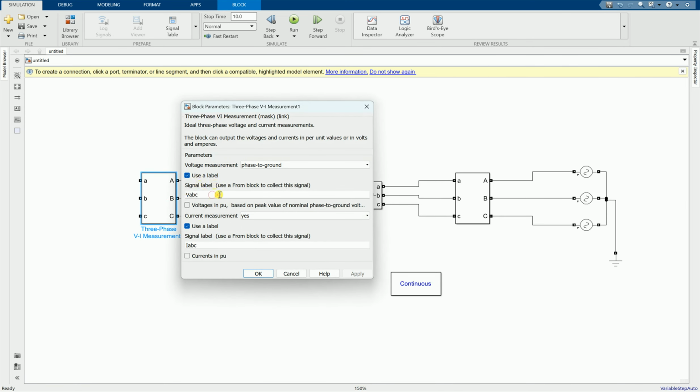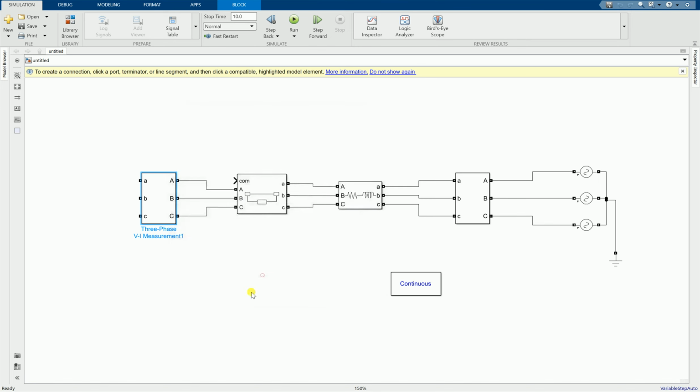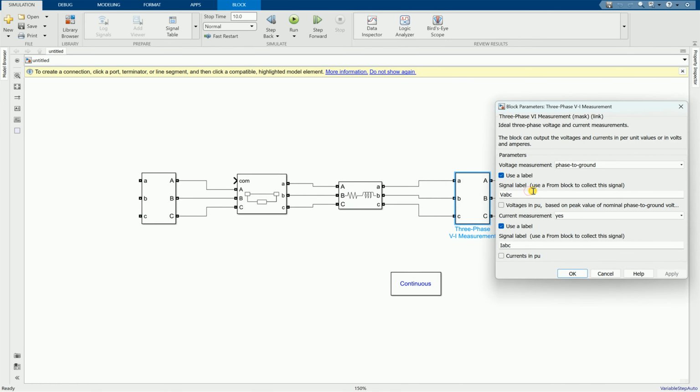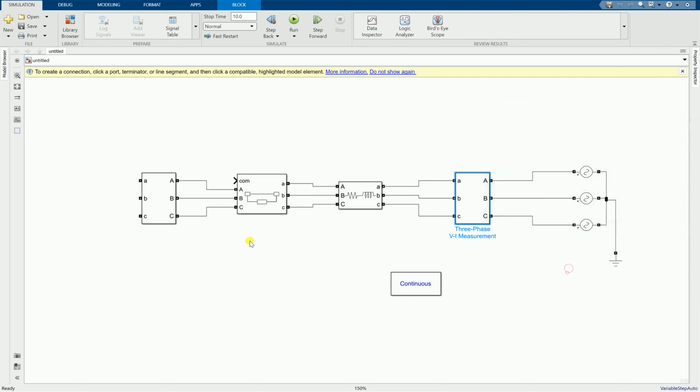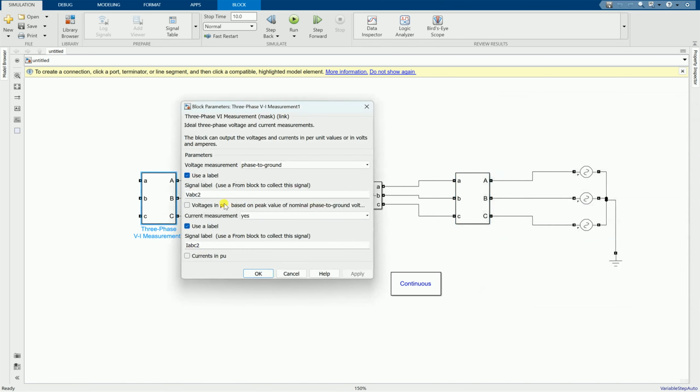Its label will be VABC2 and IABC2. So VABC, let's say 1, and this one is VABC2. So this one measures what? Measures the phase voltage and the phase current.